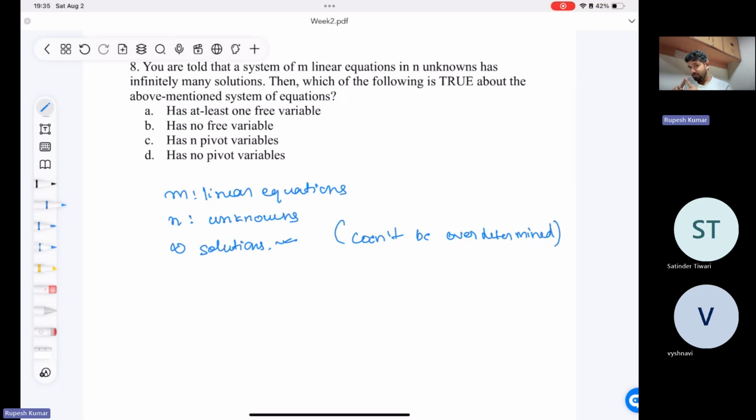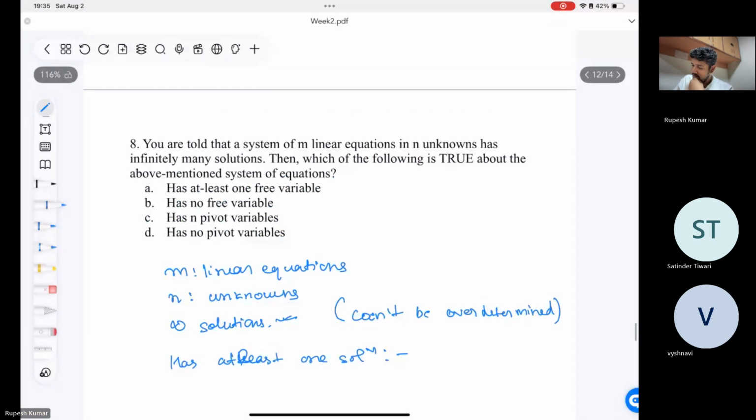Either it will be a square or rectangular matrix, right? And it has at least one solution, right?